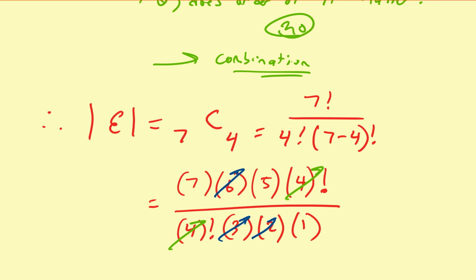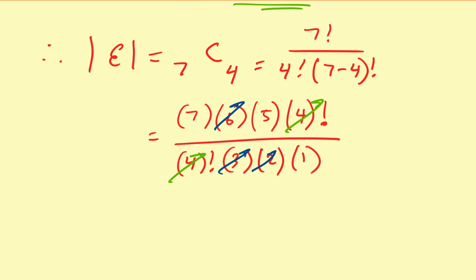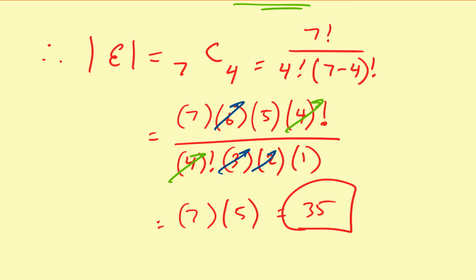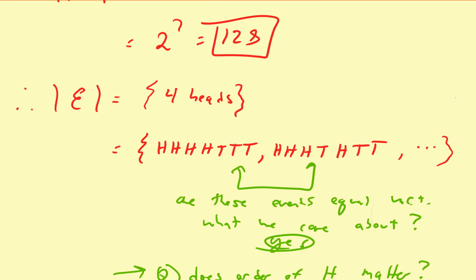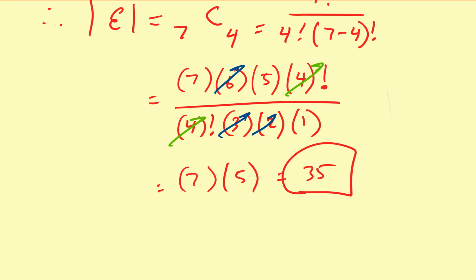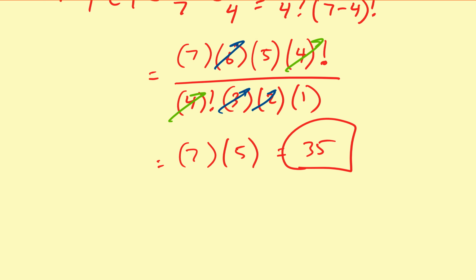So we're just going to be left with 7 times 5, which is 35 different possible outcomes out of our total. How many did we have total? 128. So we have 128 possible events in this experiment. Only 35 of those events will be ones of interest. And this is the difference between a sample space and an event space, and a couple strategies of how to calculate the size of them.